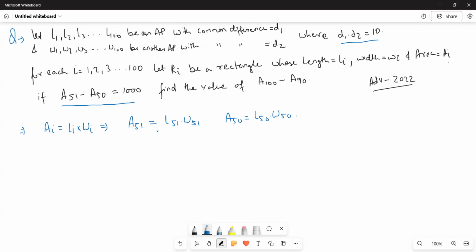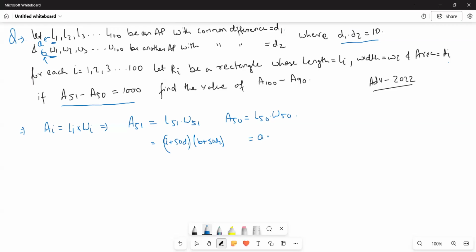Now, for simplicity's sake, take L1 as a and W1 as b, so we don't have to write L1 W1 again and again. So L51 would be a plus 50 D1 and W51 would be b plus 50 D2.